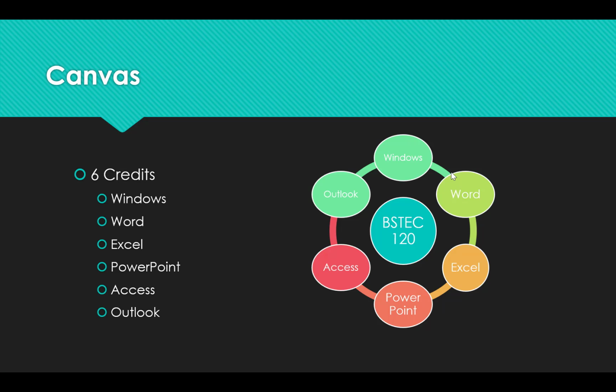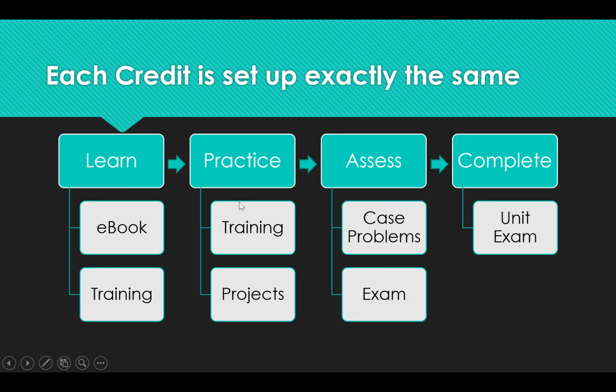So just to summarize, 6 credits to choose from. Each credit is set up exactly the same. In each credit, we will learn by either reading the ebook and doing the training. We'll practice, again, by doing what we call training.